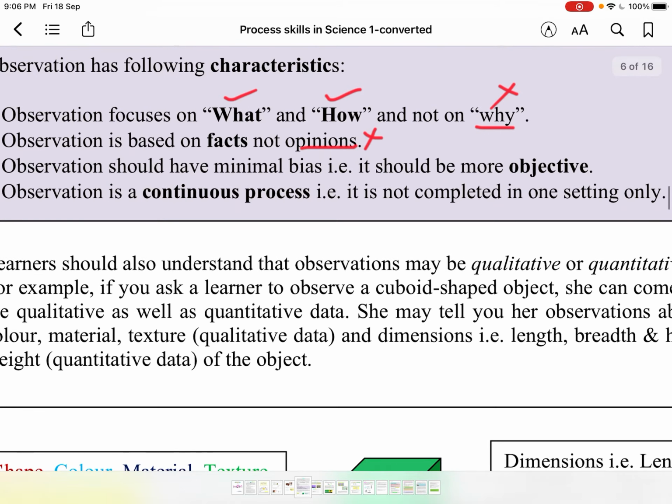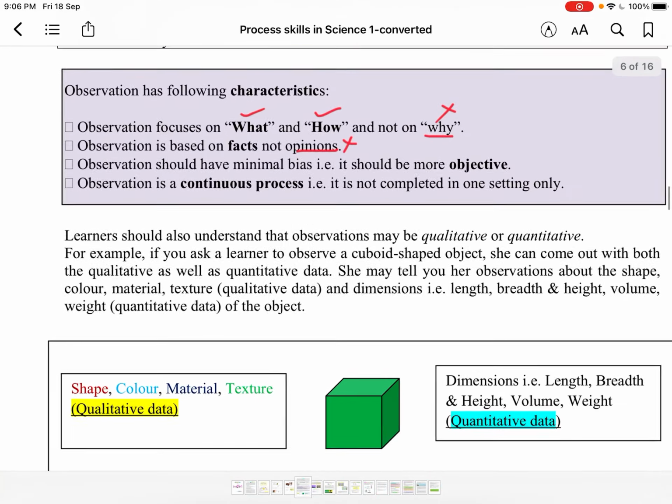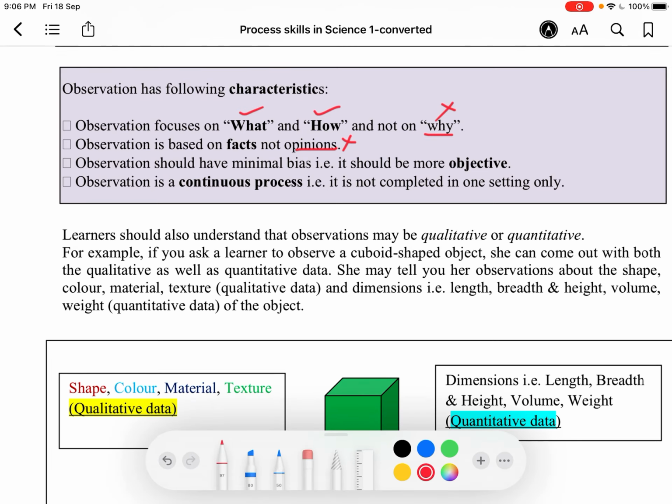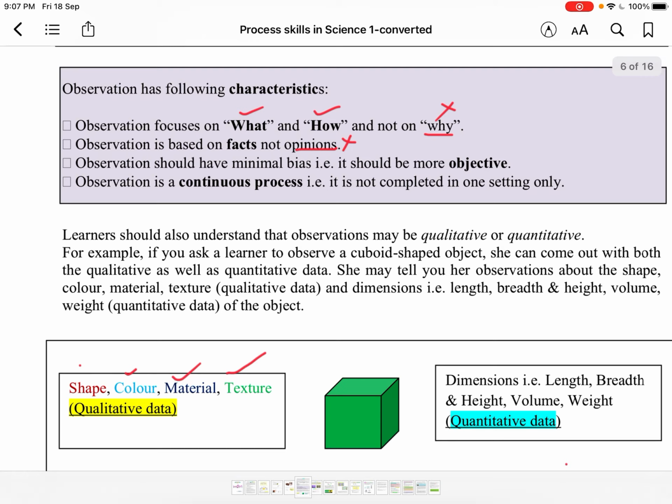Okay, and observation can be of two types: qualitative and quantitative. In the qualitative, usually the shape, the color, the material, the texture come under qualitative data. Suppose you ask your student to see cuboidal structures and describe them after doing observation.